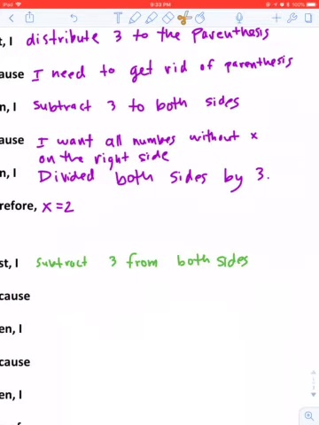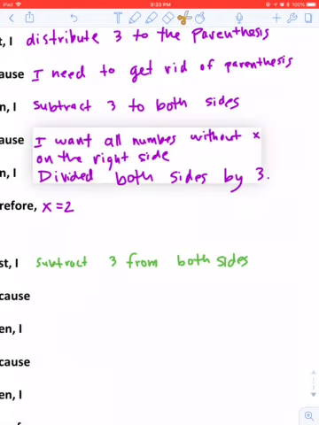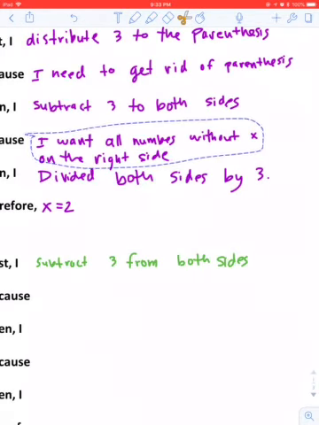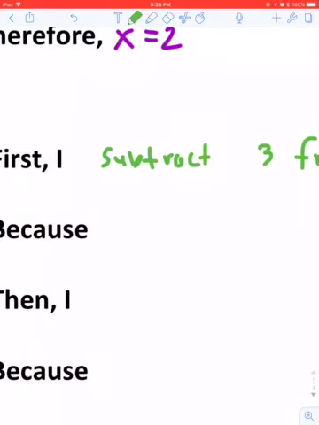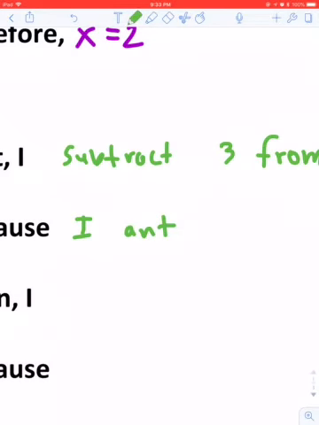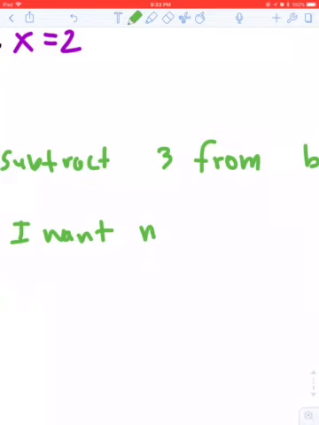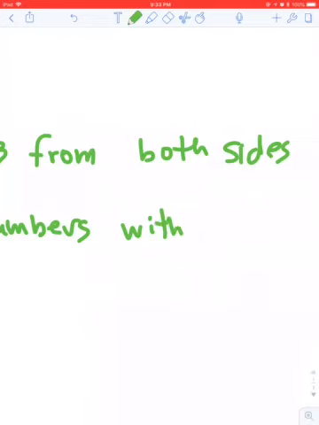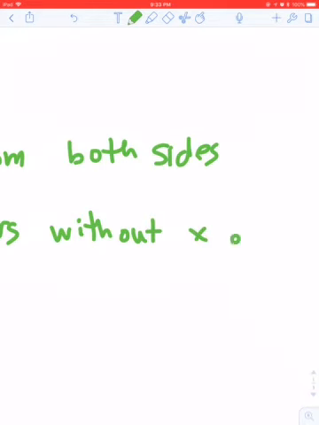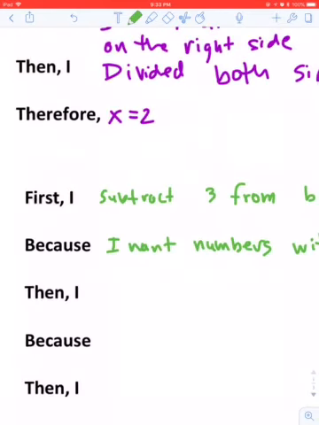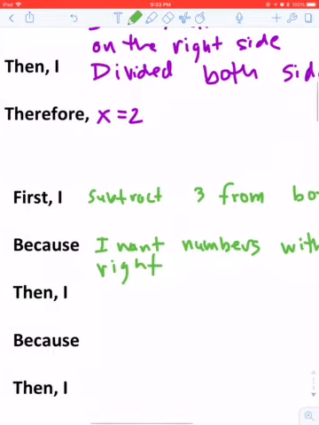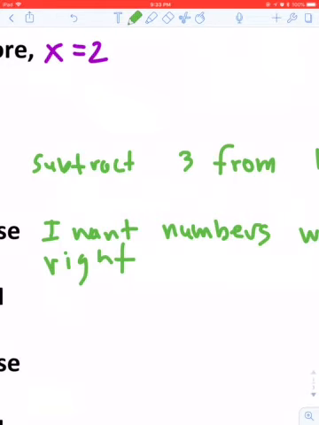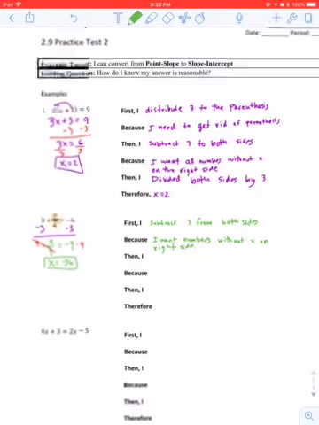That's not going to work. Because you can't copy and paste. Okay, we'll write it. Because I want numbers without x on right side. And sometimes they'll be on the left side, which is okay too. So any side really is okay. But in this case, it's on the right side.